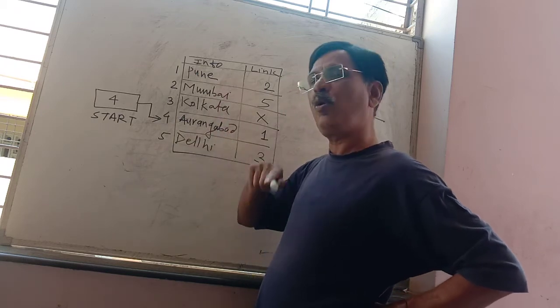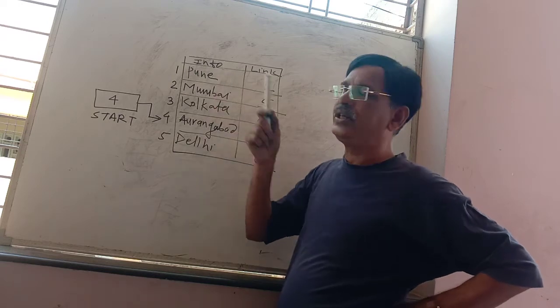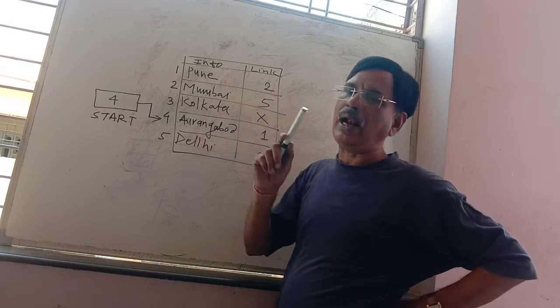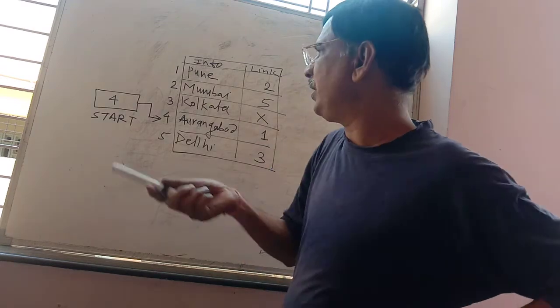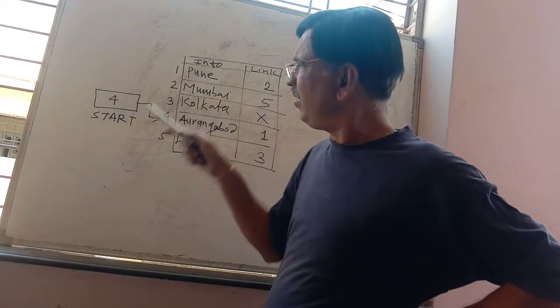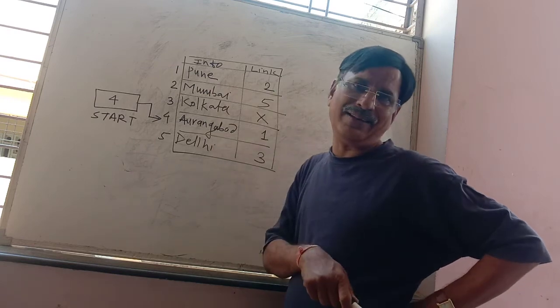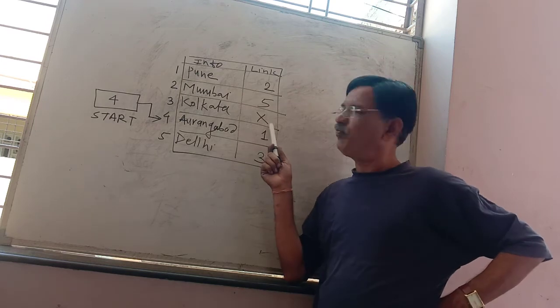The first part is the info part, the other part is called the link part. The info part will give the information of the element itself, whereas the link part will give the address of the next node. Apart from this, it will require one more variable that is called start, that will give the address of the first element in the list, whereas the last element gives no address, that is called a null address, shown here.